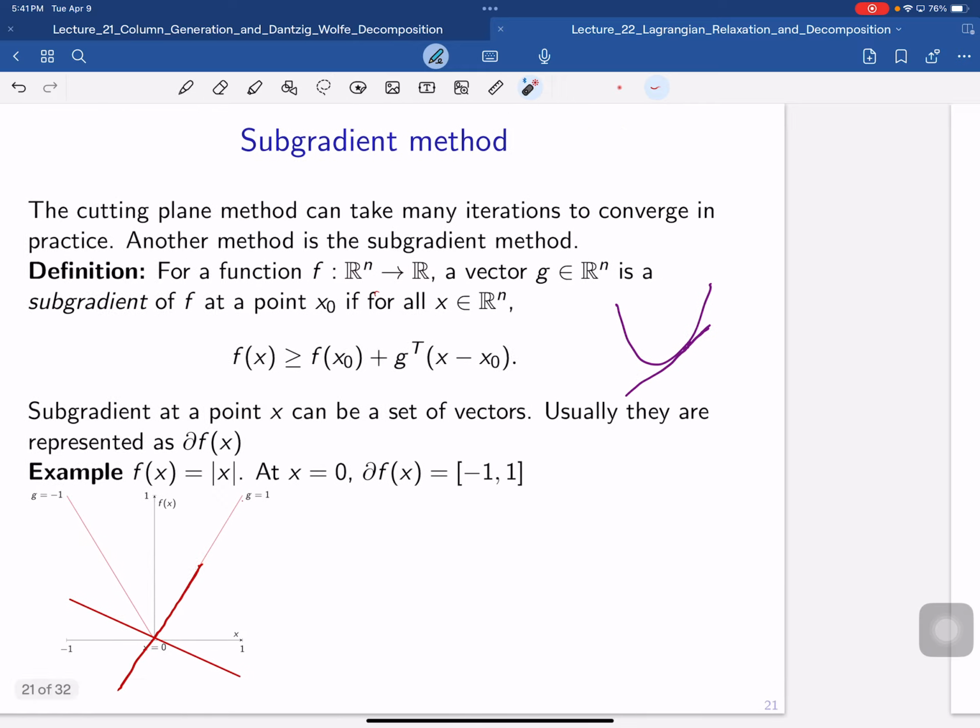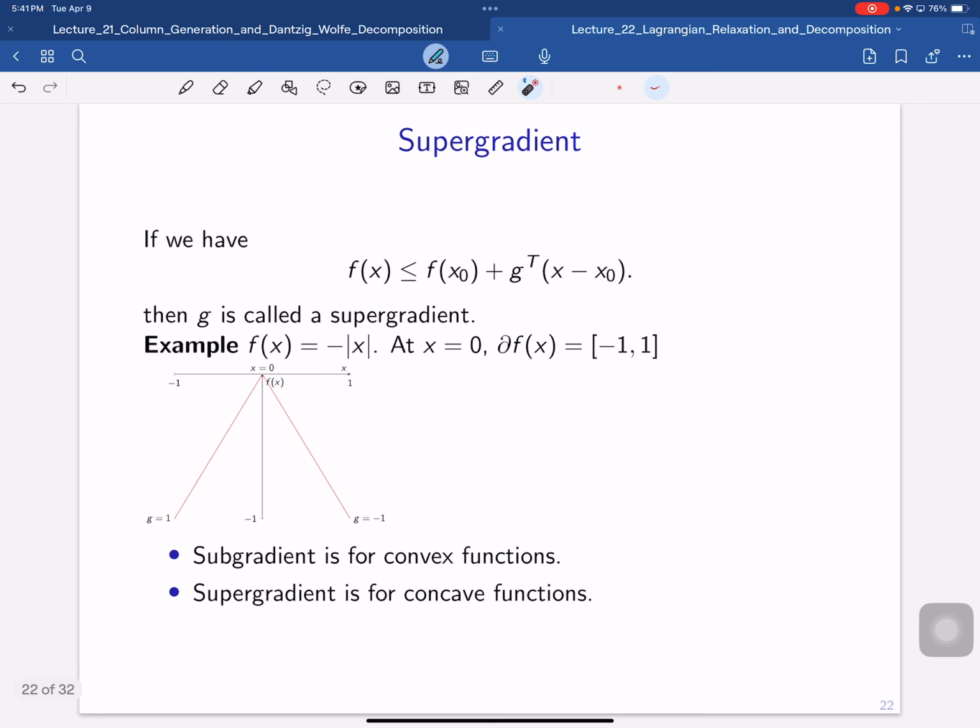And similarly, for a concave non-smooth function, you can define something called a supergradient, which is some linear function that overestimates a given concave function. If you take the minus absolute value function, you can show very easily that -1 to 1 is a supergradient of this concave function.